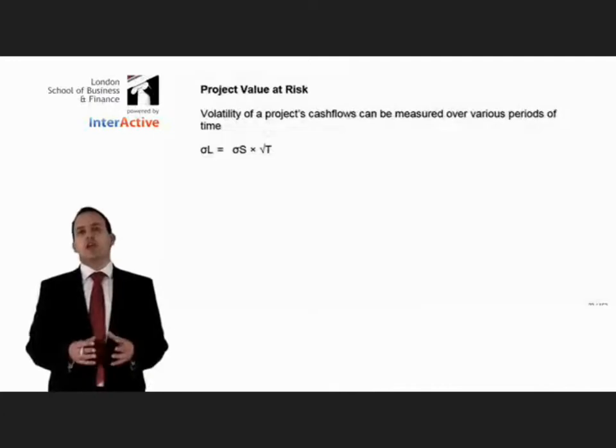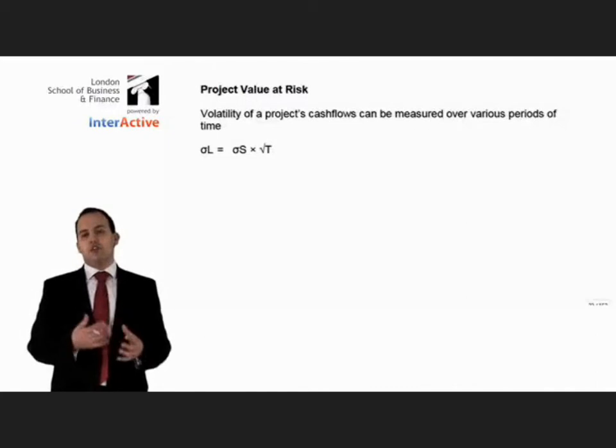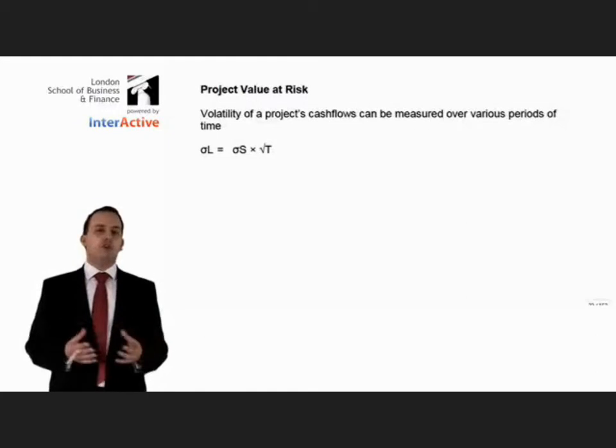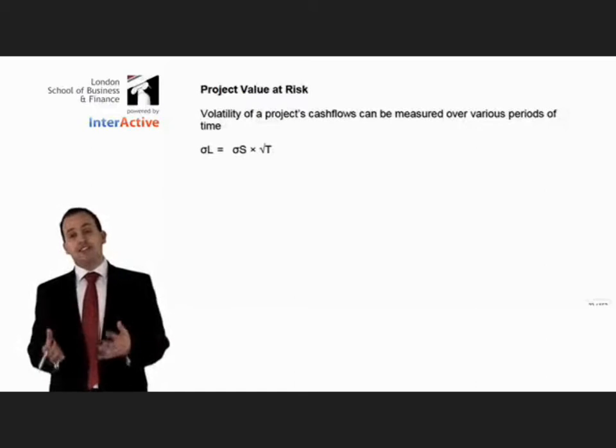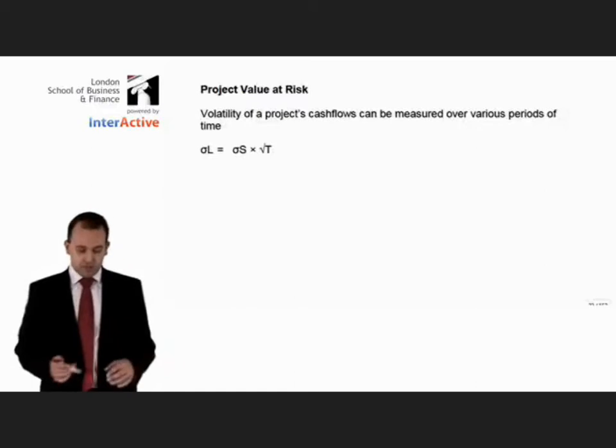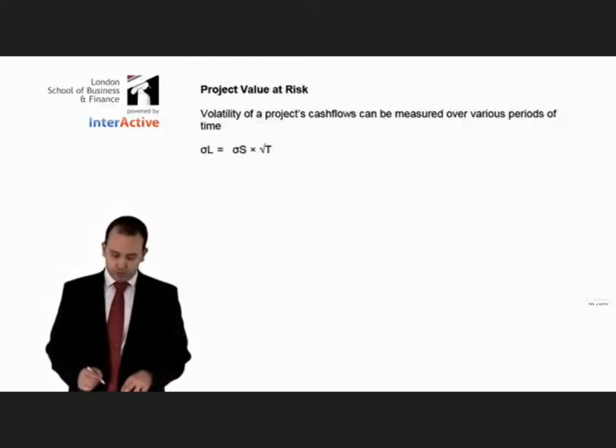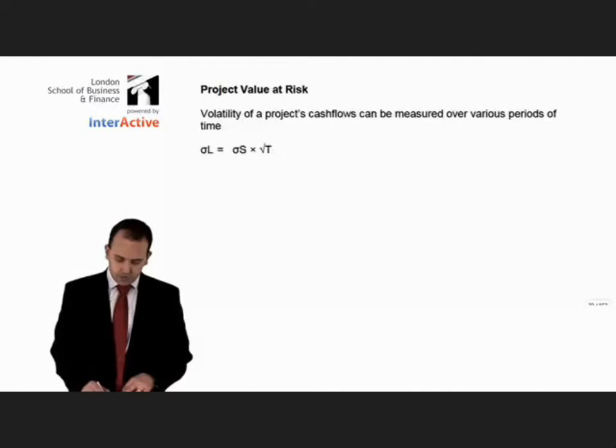Now, to actually work out the project value at risk, what we can do is look at how the volatility changes over time, and we can do so by looking at this formula. The first part of the formula represents the standard deviation over the longer period of time.